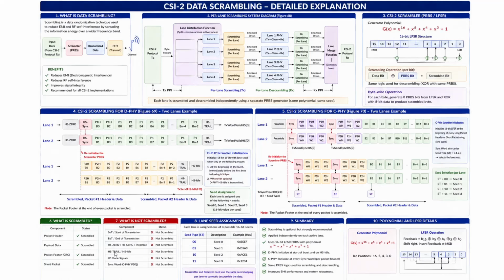So data scrambling, what is the reason we are going for data scrambling? Suppose I'm talking continuously, so that will be different data you are transferring. Every time you are talking, you are transferring different data, but every time shouting means the same data is transferred, repeated data, the same sound. That means only noise we are transferring.